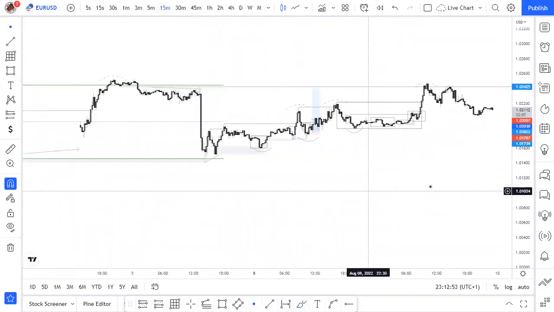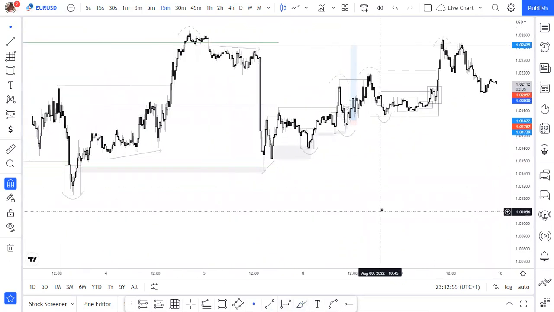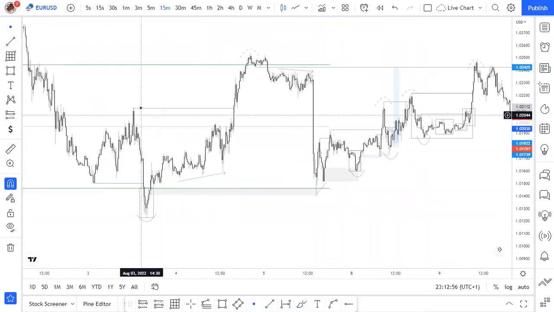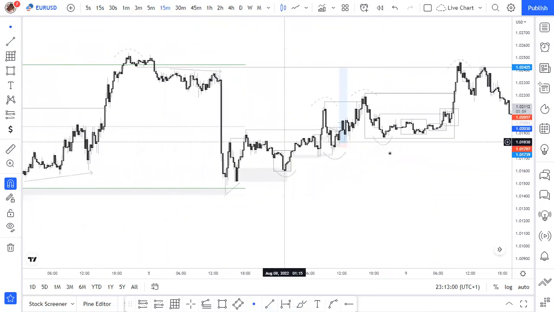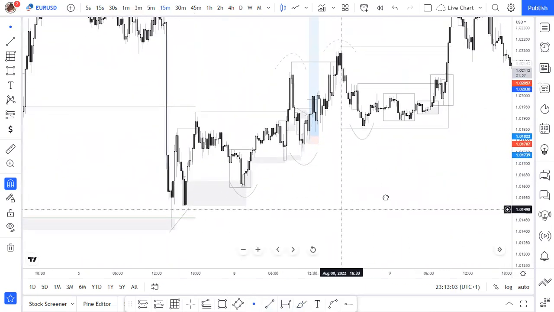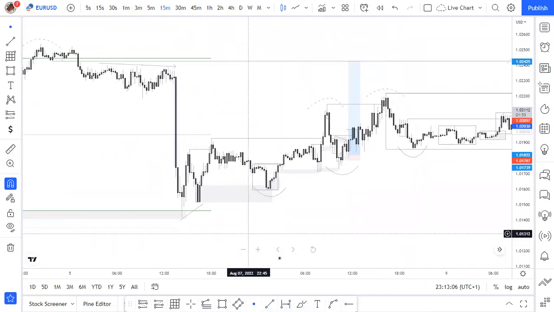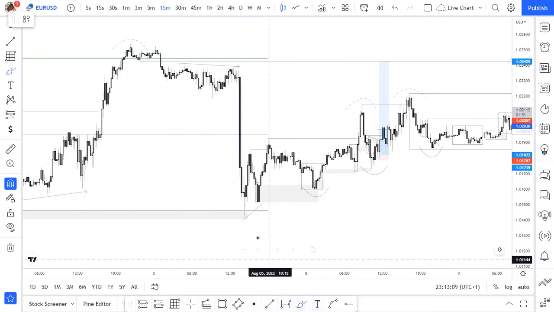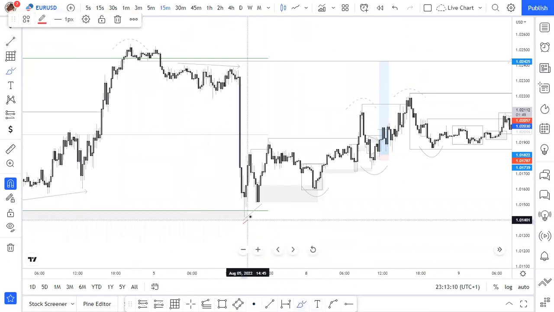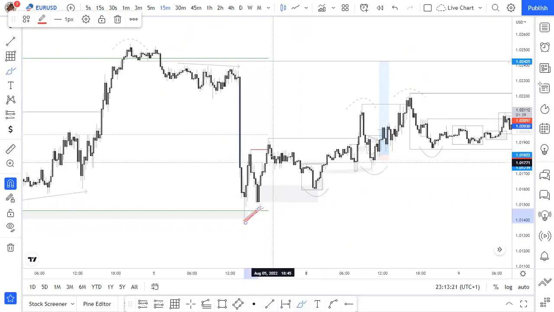So here on the 15-minute time frame, since we had a break of construction here, I was looking at this as some kind of shift in market structure, and this as a break construction based on this shift in market structure.